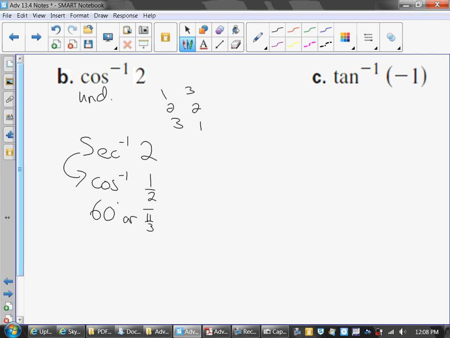Inverse tangent of -1. Well, in order to get inverse tangent equal to -1, that means when you have tangent, you have y over x. You agree?